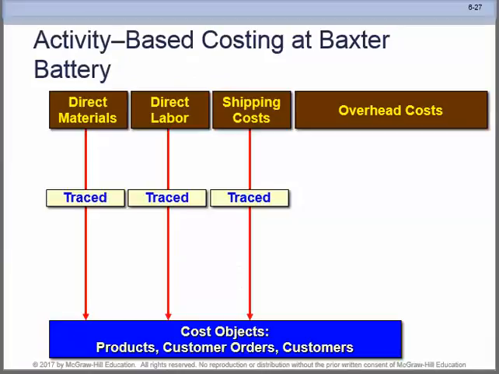All right, so activity-based costing at Baxter Battery. Let's just get a visual perspective here. The direct materials, direct labor, and shipping are directly traceable. This is really easy to monitor as to which customers and how much money it's costing for the materials, labor, and shipping in their orders. And then we're left with the overhead cost in the last column there.